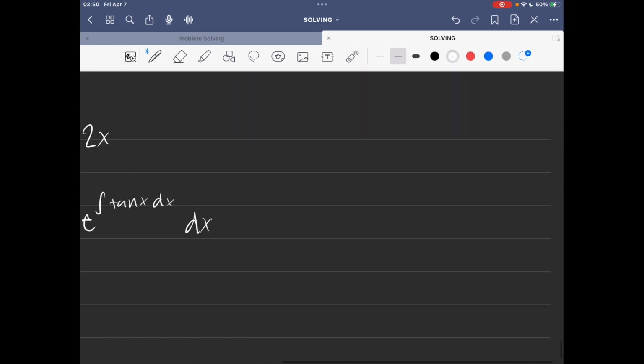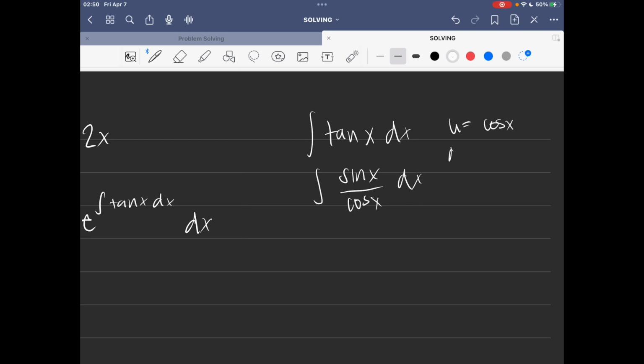So the integral of tan x dx, by trigonometric identity, is sine x over cos x dx. Then we are going to let u is cos x, du is negative sine x dx, then dx is du over negative sine x.